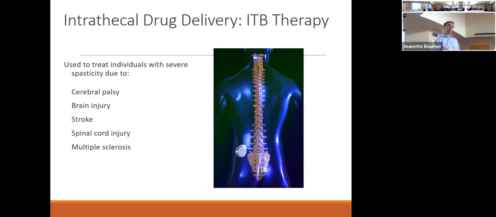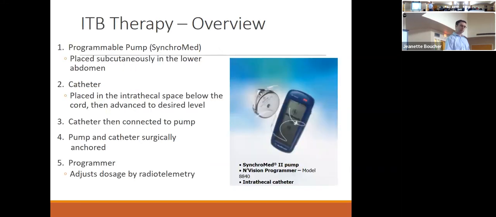Physical therapists, occupational therapists would do a test of your muscle range of motion before the trial, give you the injection, and then you get another test afterwards. And if we see some pretty good improvement, then we call it a successful trial and you might be a candidate for it. But typically, it's for more severe spasticity, but it can be a life-changing type of procedure for folks.